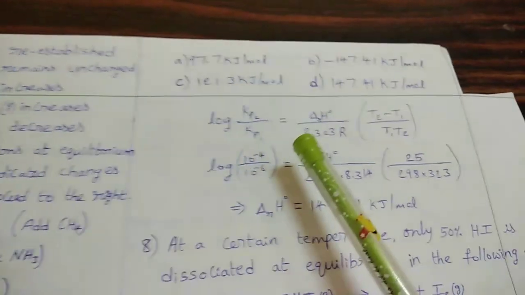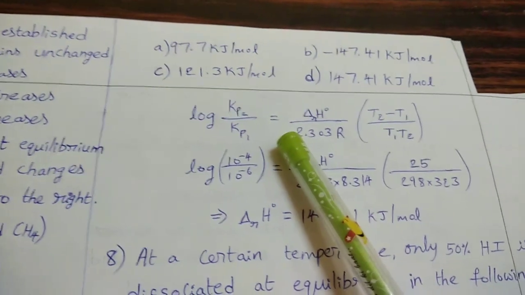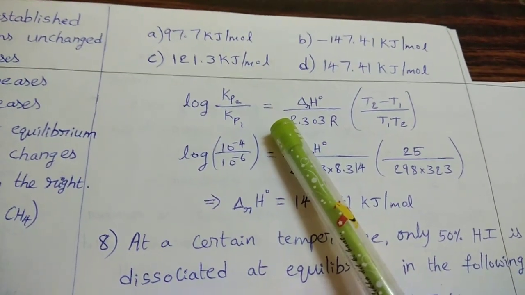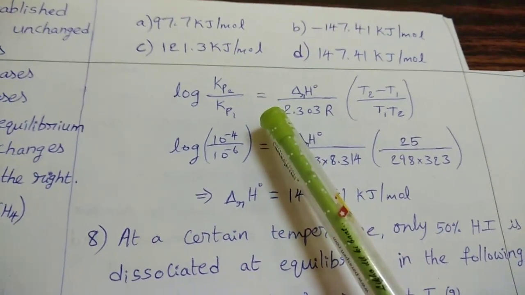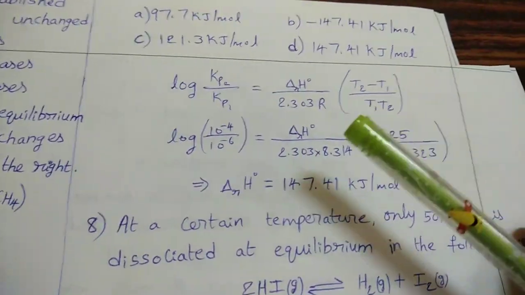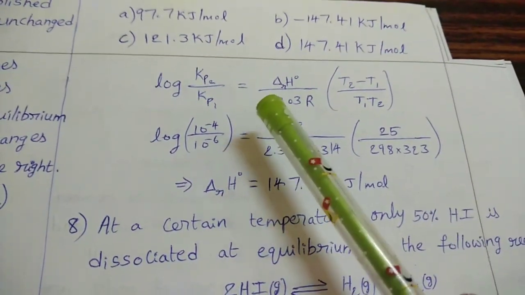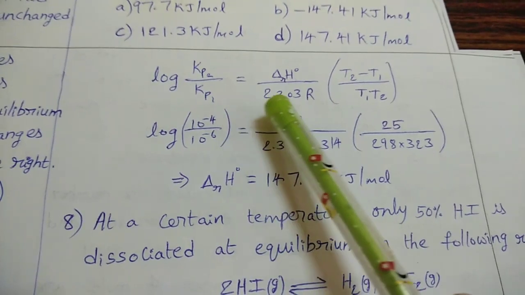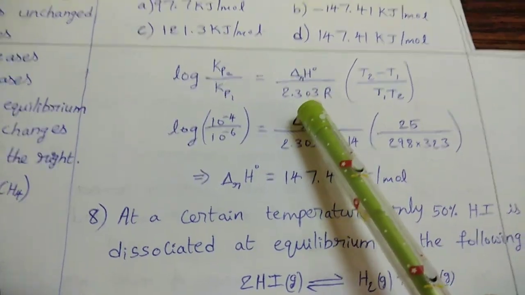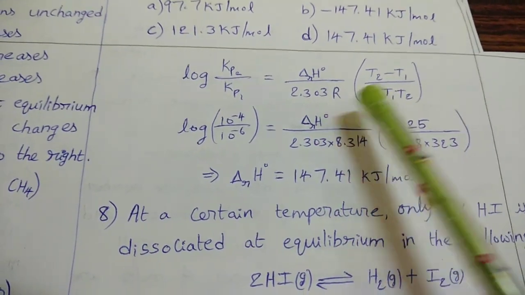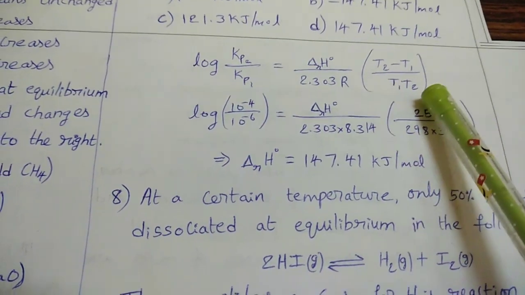Now for this, the suitable formula is the Van't Hoff equation, the temperature dependence of the equilibrium constant. This is the formula: log Kp2 by Kp1 equals delta R H0 by 2.303 R into (T2 minus T1) by T1 T2.